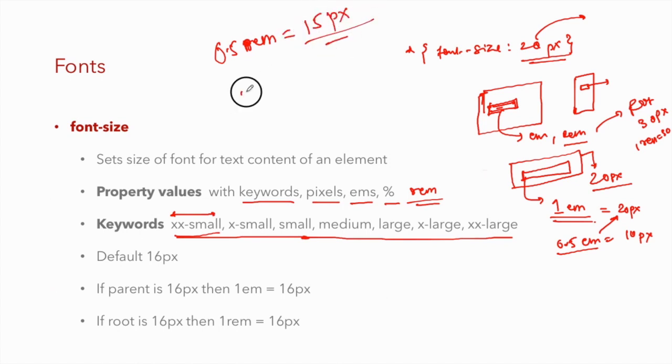When I say 2 REM, that is 60 pixels. I believe I have explained this in detail. This is really important when you're working on responsive or adaptive designs. Otherwise, you can straight away use standard pixels in px or even percentage, where you are just clearly specifying what size you want to display.